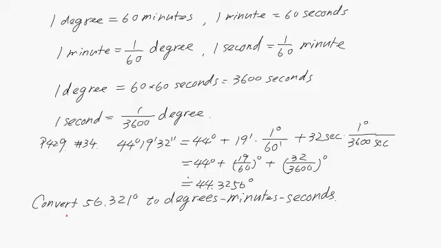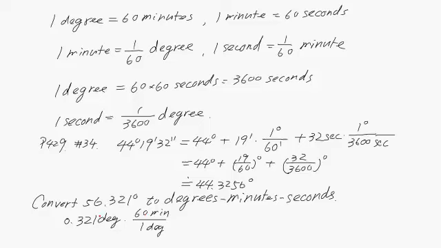So first we can convert the 0.321 degrees to minutes. So we just multiply this by 60 minutes over 1 degree. We know 1 degree is equal to 60 minutes. So actually this is just multiplying this number by 1, right?